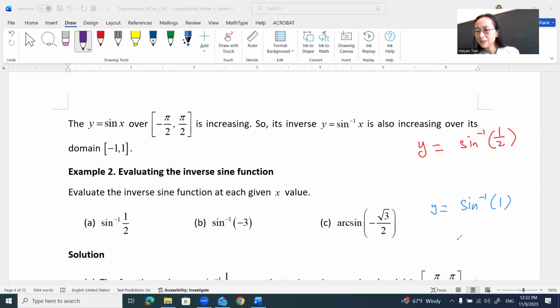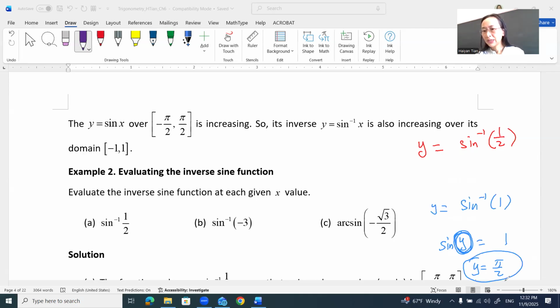So that y must be a certain y whose sine value is 1. So you can write it in this way. And we know that for the sine function over that interval from negative half of pi to half of pi, only at half of pi the sine is 1.